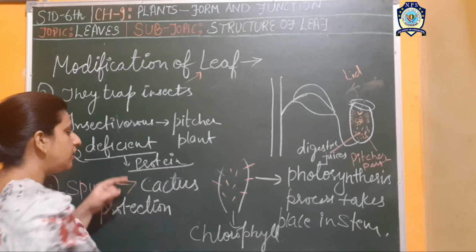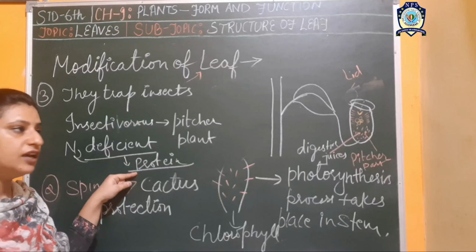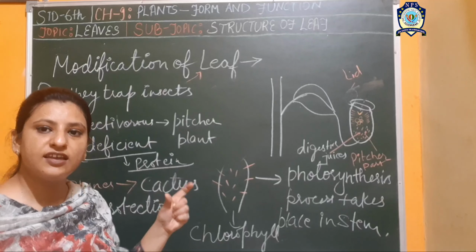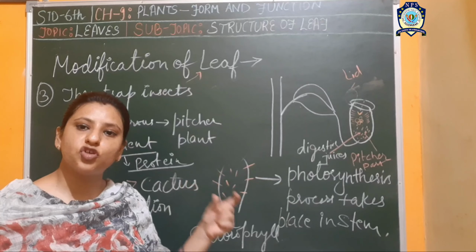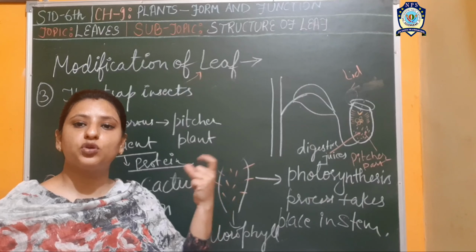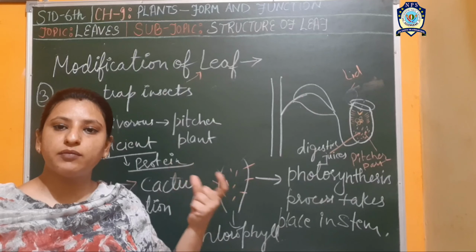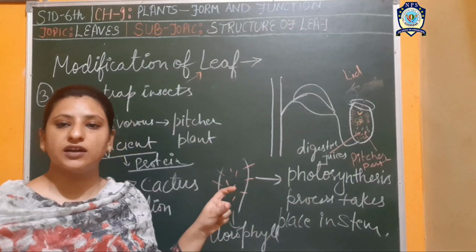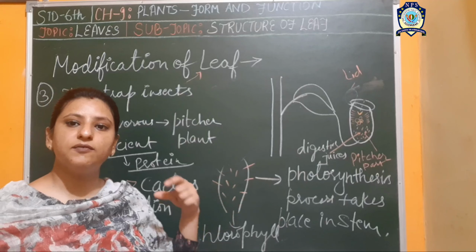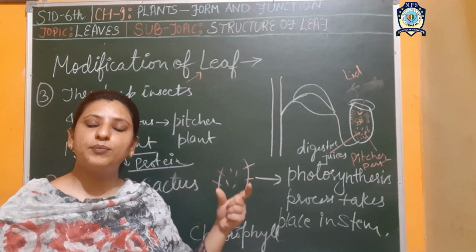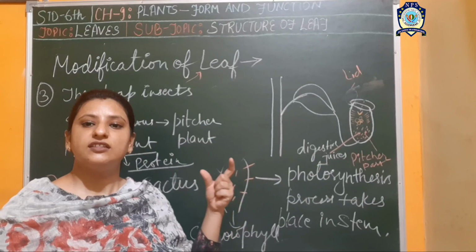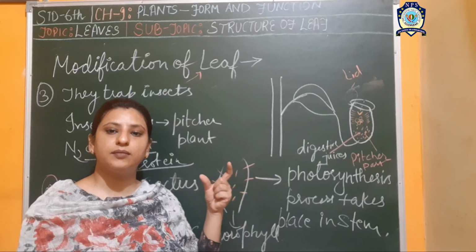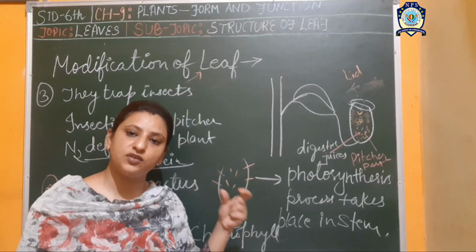So to fulfill the need of this protein, the insectivorous plants trap insects, they kill insects, and they absorb the nitrogen, or you can say the protein part, or the favorable material from the body of the insect into the body of the plant. So like this, they try to compensate the need of nitrogen by eating up the insects.